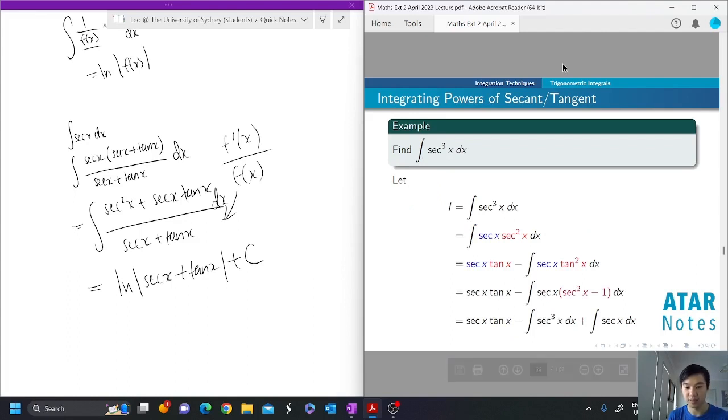And here, if it's just sec and the power is odd, you can try breaking it into two and then use integration by parts. Notice how we've strategically split it into sec x and sec squared x, because we know that we can integrate sec squared x quite easily. So in red, this is our v dash.